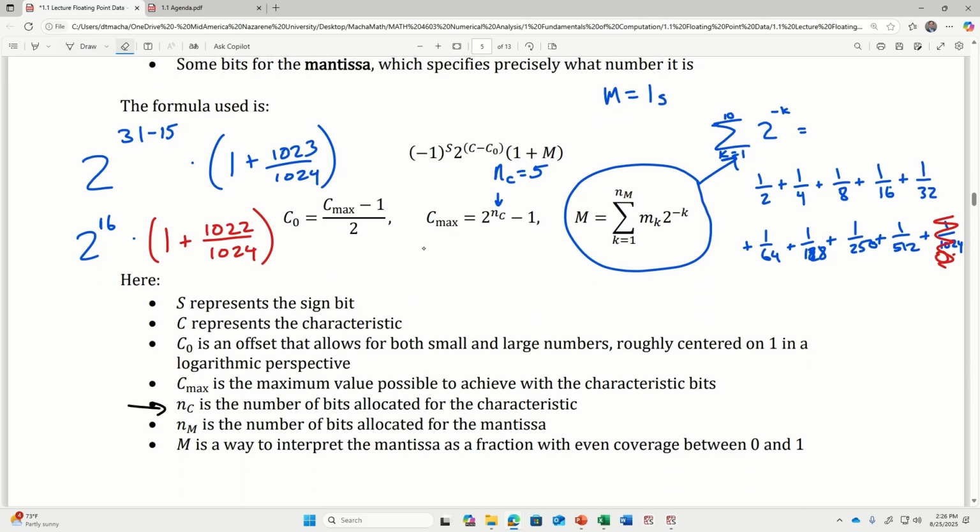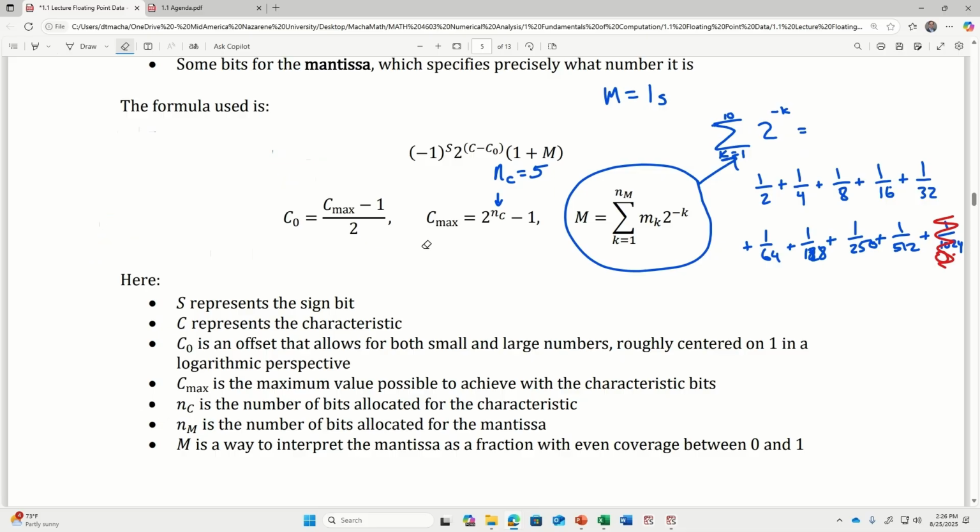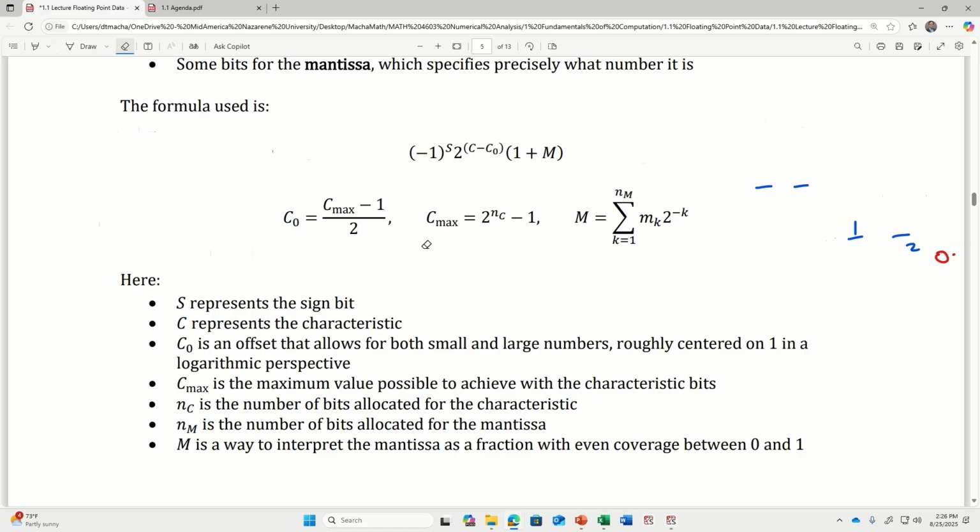Going back to my formula, clean this up a little bit. The least value of the characteristic is going to be, let's see, 2 raised to the power 0 minus C0, and that hasn't changed, that's still 15, times 1 plus the mantissa.